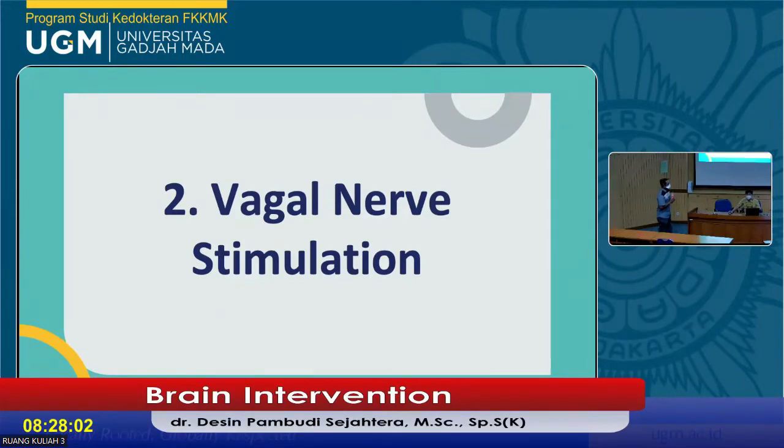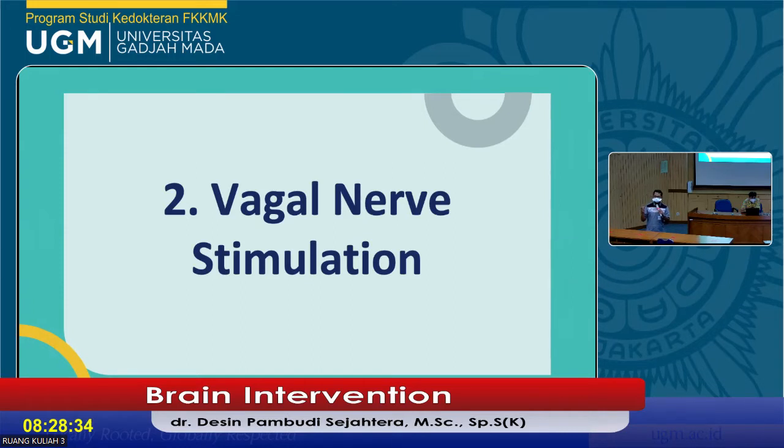Okay. This one, vagal nerve stimulation. Vagal is which cranial nerve? 10. The 10th cranial nerve is vagal, nervus vagus. It is stimulation that looks like DBS, but the electrical stimulation is on the vagal nerve. During my study in Kuala Lumpur, I had experience with the surgery of VNS, vagal nerve stimulation.